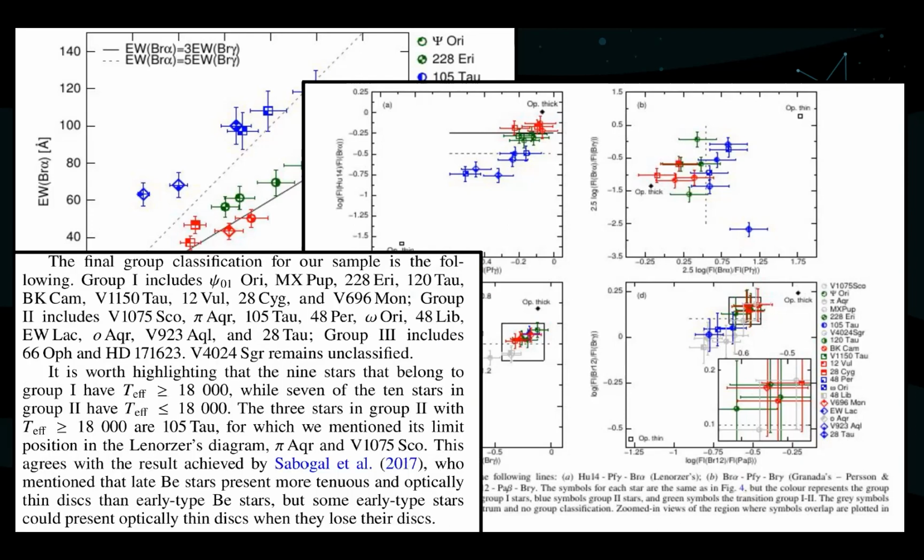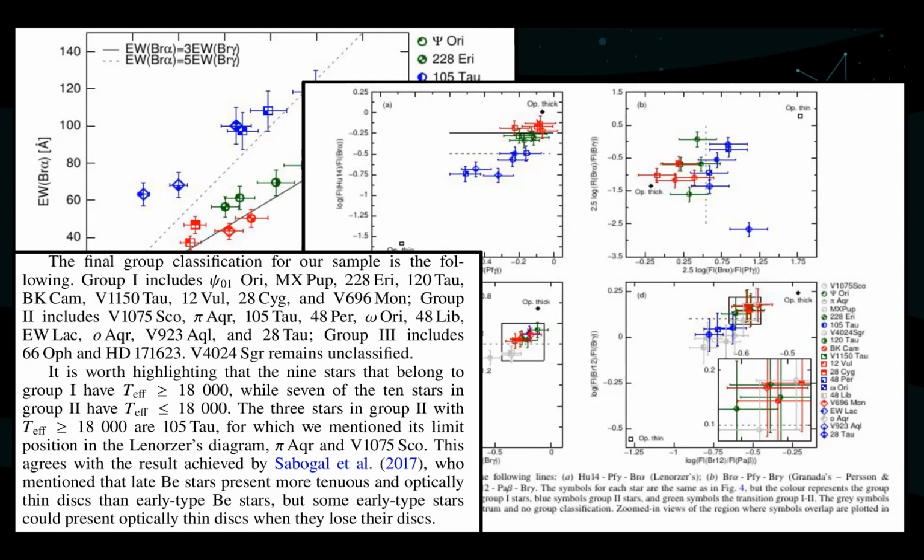So we classified our data. We found 9 stars in group 1, all very hot, and 10 stars in group 2, of which 7 have temperatures below 18,000 degrees. This is in good agreement with some previous work, because it is thought that early type Be stars can develop envelopes that are more dense, so they should be in group 1.